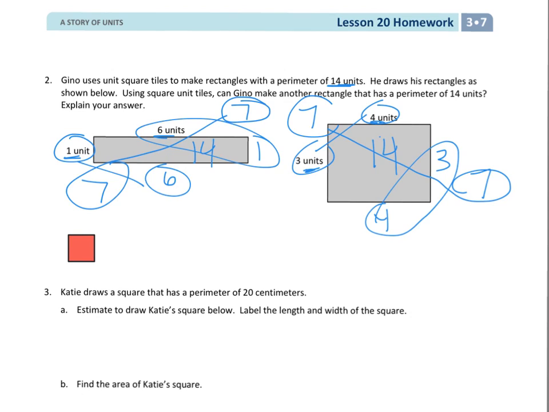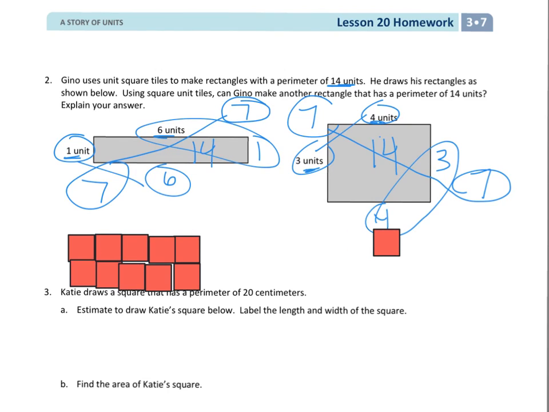My thought is, if we look at a different number, we tried 1, we tried 3. What about 2? 2 plus 5. So there's one group of 5. There's another group of 5.